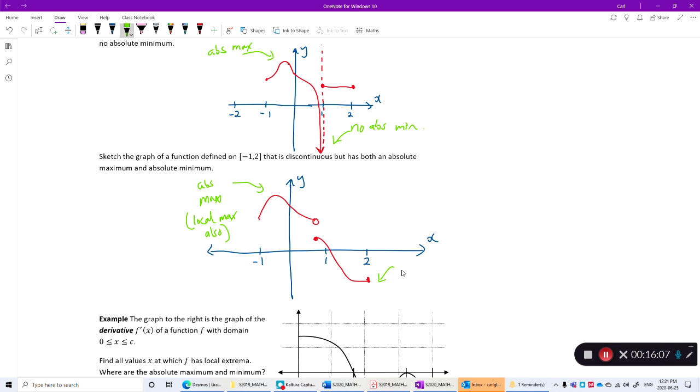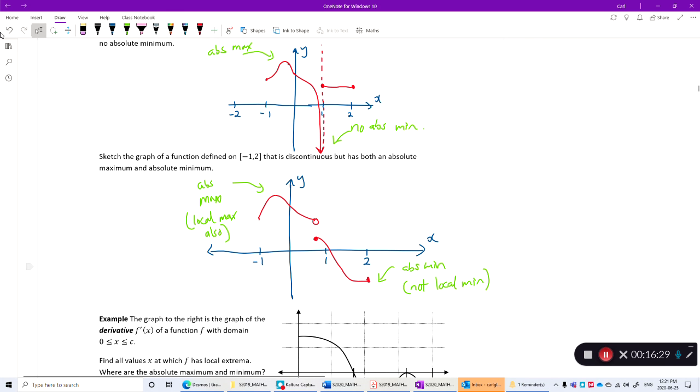And then down here on the endpoint, I have an absolute min, but it's not a local min. Why is it not a local min? Because there's no interval around that point where the function is defined.